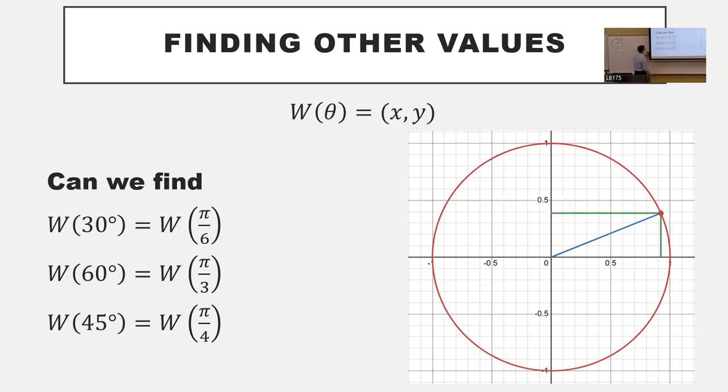What about the three other angles that we said were going to be special? Could we find the wrapping function? If I'm talking about in degrees, something like 30 degrees. If I'm talking about radians, something like pi over 6.